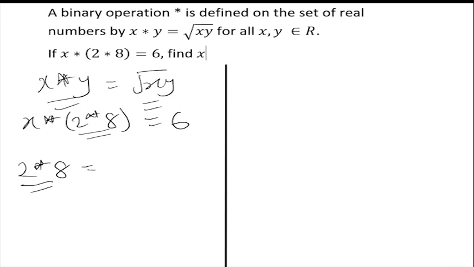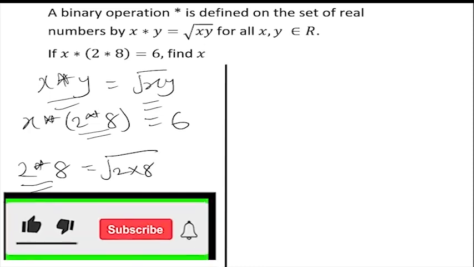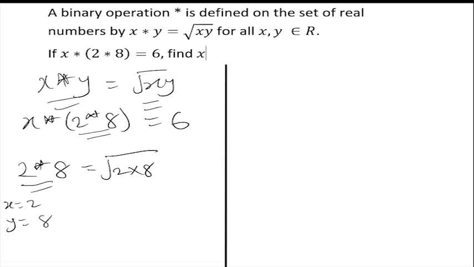So it implies that x equals 2 and y equals 8. So you can now substitute x equals 2 and y equals 8 into the other side. This gives us square root of 2 multiplied by 8, because in the first place, we were told that x operating on y is the same thing as square root of xy. That's the way the operation was defined.